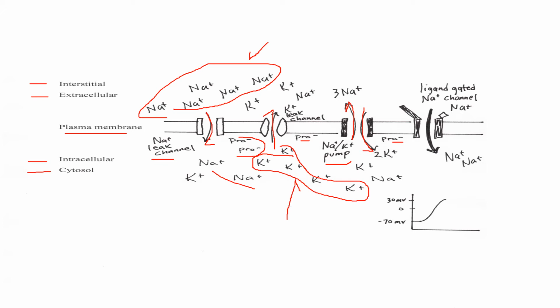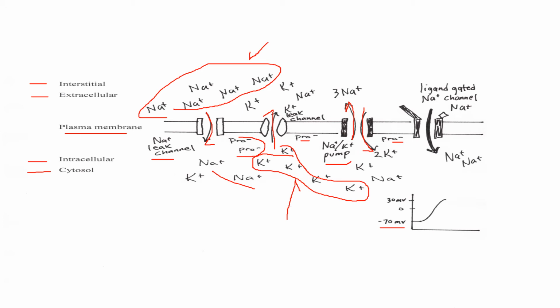So if you add up all the different electrical charges of the sodium, potassium, the negatively charged proteins, what you wind up with is a potential difference between the inside of the cell and the outside of the cell, with the inside of the cell being negative compared to the outside. And we call that the resting membrane potential. For neurons, it's about -70 millivolts.